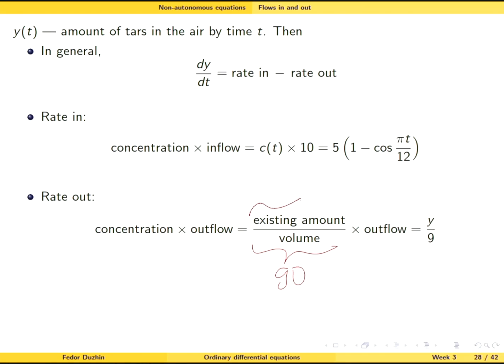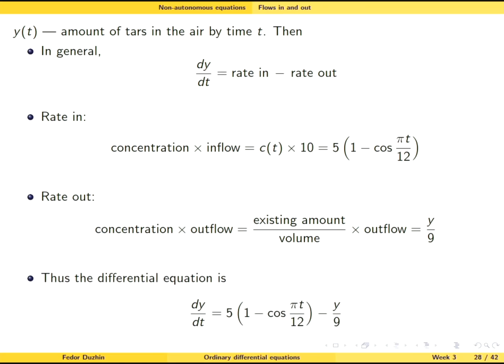So Y divided by 90 times 10 is Y over 9. That's how we got this. And then putting it together, we get this differential equation.